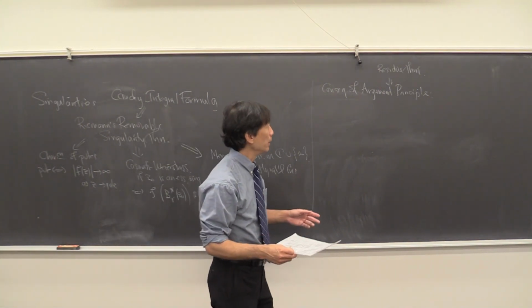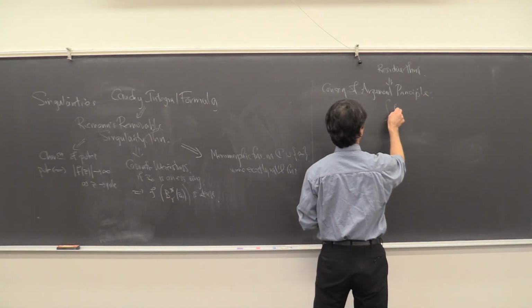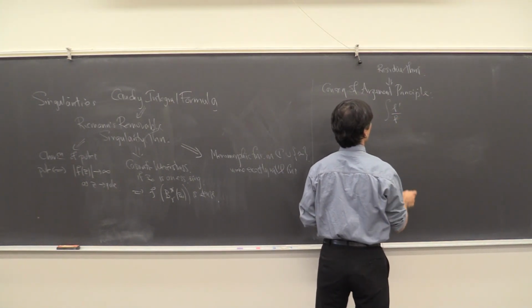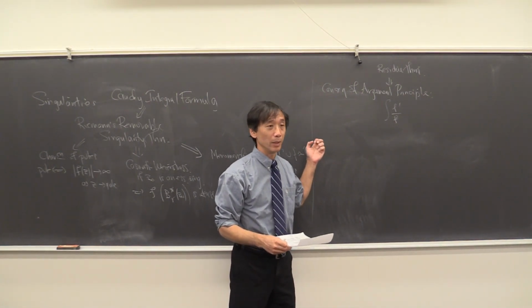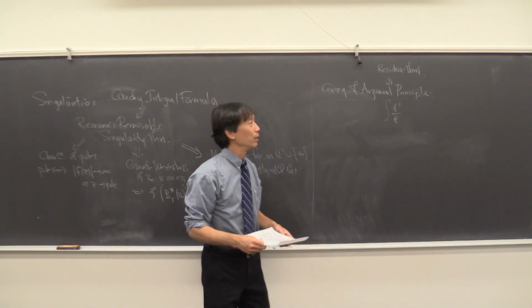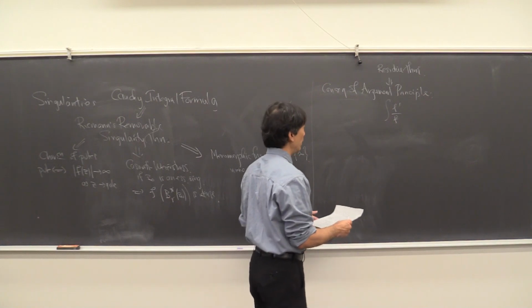It says that if you look at this integral, you get something that tells you about the number of zeros and the number of poles.